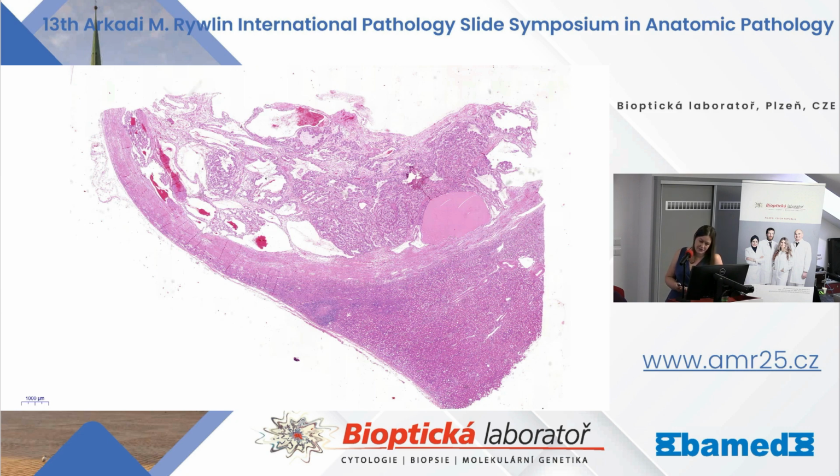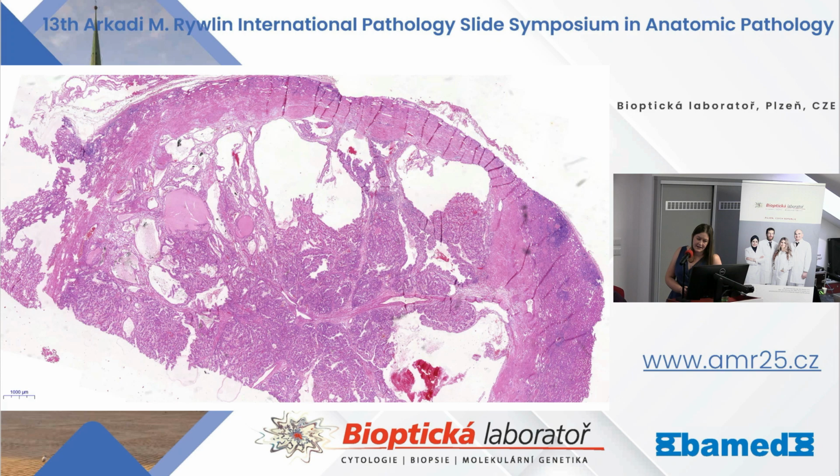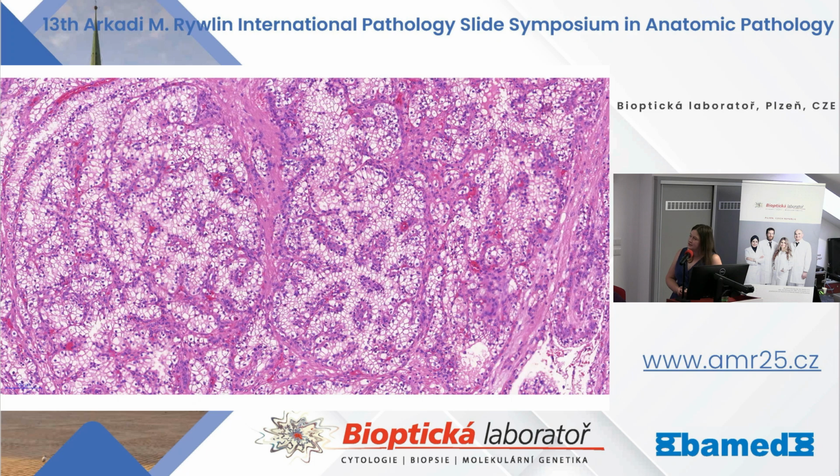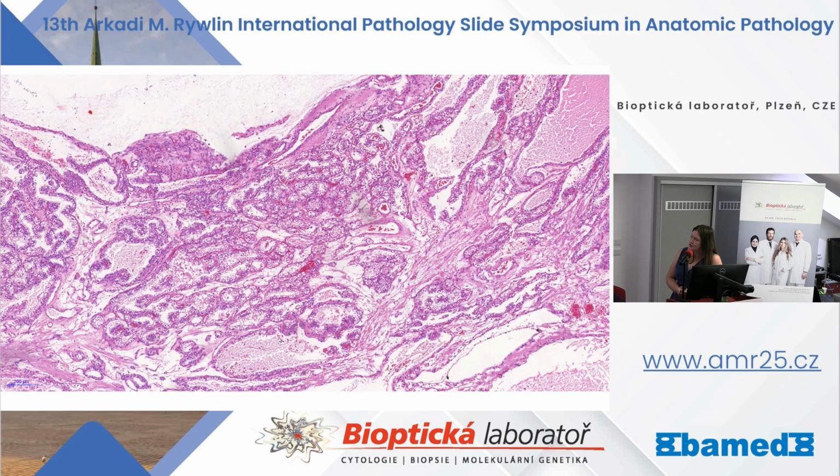The tumor is partially cystic, as you can see here. In high magnification, you can see that it is composed from cells with abundant clear cytoplasm. The tumor was arranged in tubulo-papillary pattern with some areas which resembled the classic pattern of clear cell renal carcinoma.